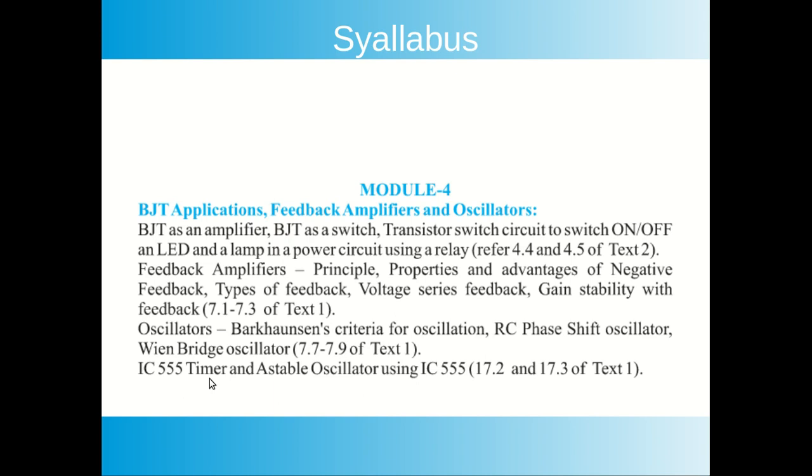Like the op-amp uA741 we studied in the 3rd module, we also have to study this very special, very important IC, the 555 timer. There are 3 different modes of operation for this IC: astable mode, monostable mode, and bistable mode. But in our syllabus we have to study only the first one, the astable mode. There we have to study the astable oscillator using IC 555 timer.